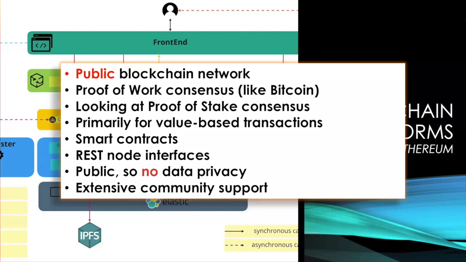It is looking at what's called proof of stake, which is an odd way of doing consensus. As you want to add a new block to the blockchain, the consensus is reached by whoever pays the most in Ethereum coins to get that block confirmed.